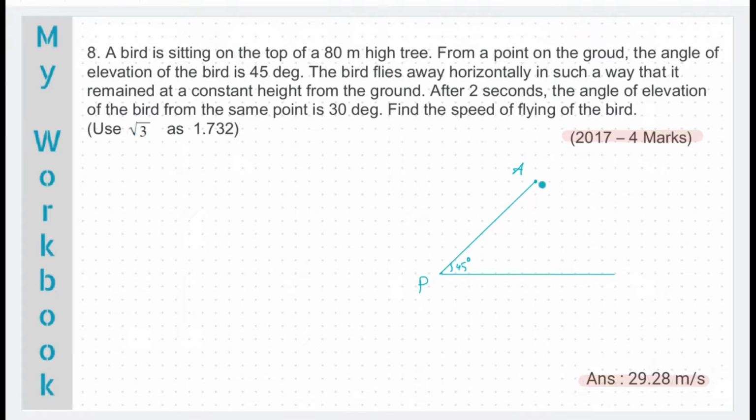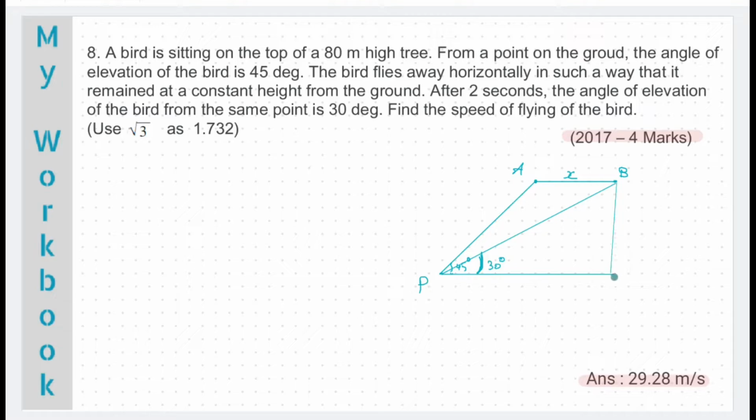After some time, the bird flies horizontally from point A to another point, say B. Now, when the bird is at this point B, the angle of elevation has changed from 45 to 30 degrees. So the bird has flown from A to B in how much time? 2 seconds. So if we find this distance AB, which is x, we can easily find the speed of the bird because we know the time is 2 seconds.